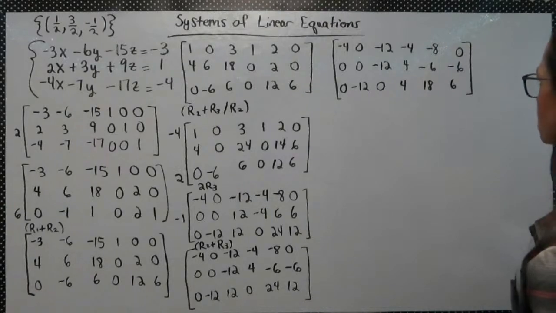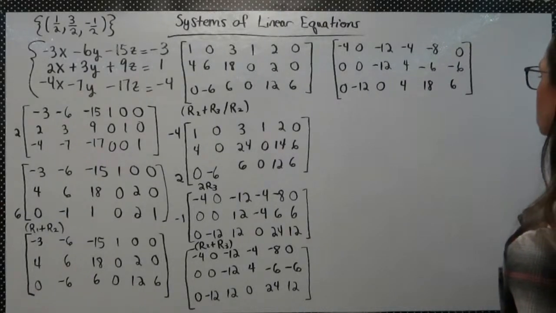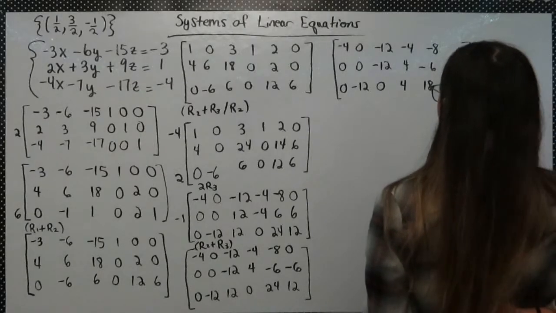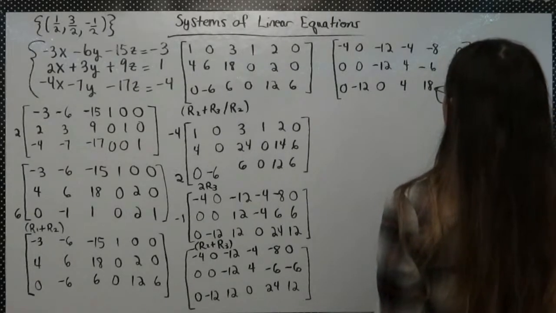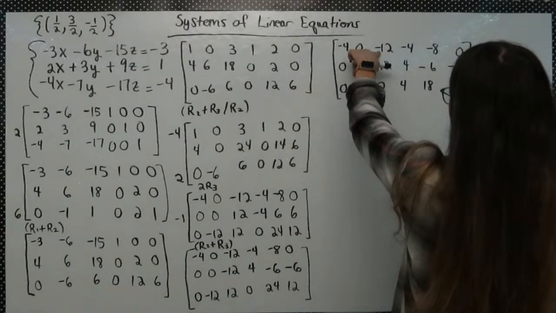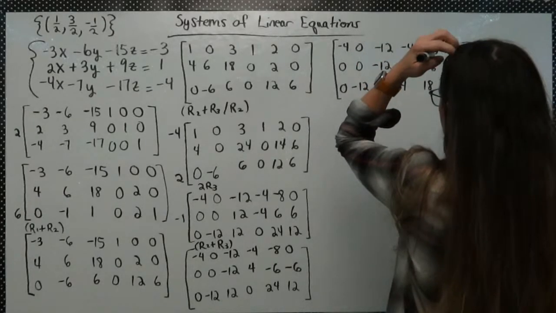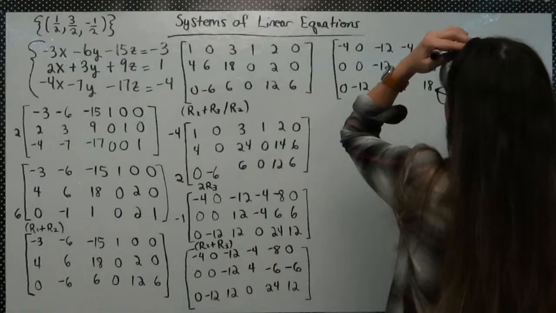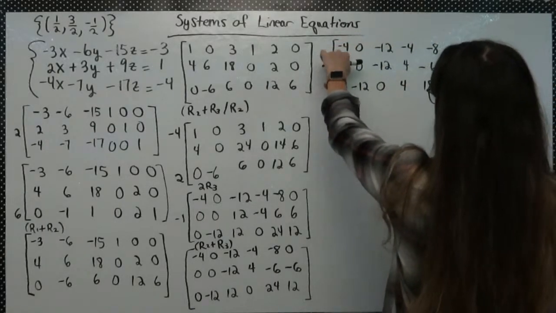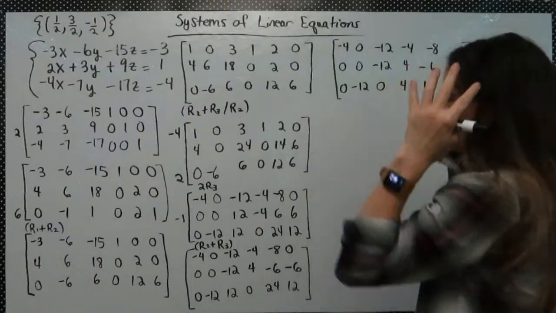Okay, we added those together. All right, so I'm going to go ahead and backtrack a little bit. I'm going to multiply. Okay, so I need this right here to be 0. So I think if I replace row 1, that's how I'm going to have to do it.